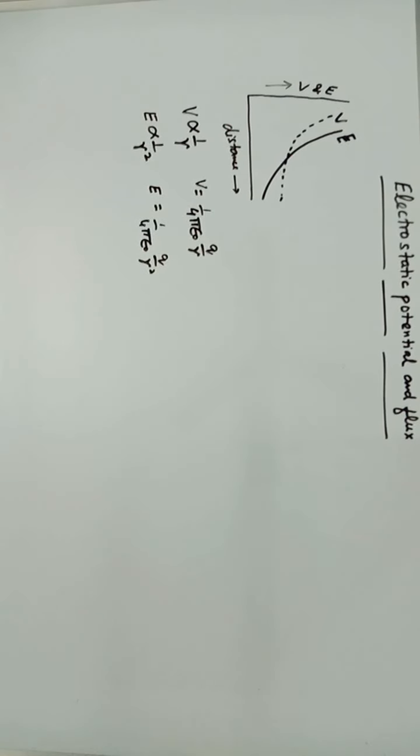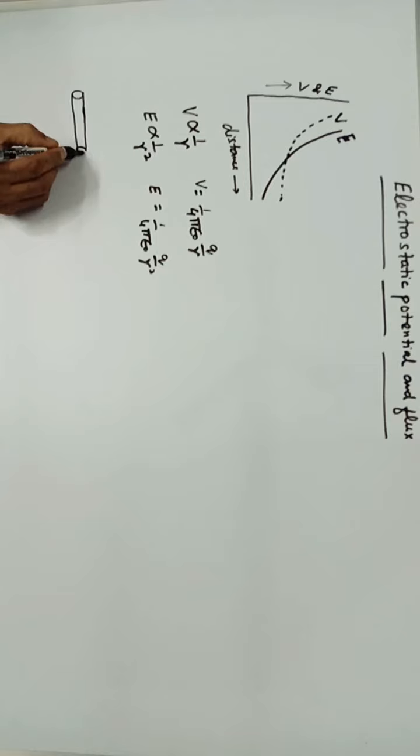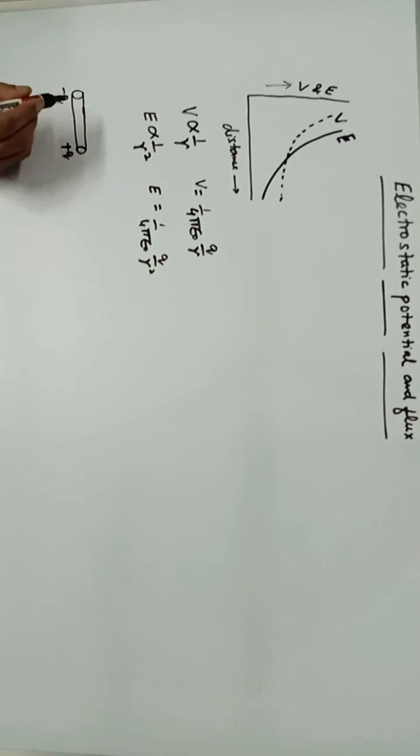Now we have to calculate the electrostatic potential at a point due to an electric dipole, and the point lies on the axial line of the dipole. The dipole consists of two charges, plus q and minus q, separated by a distance 2a.